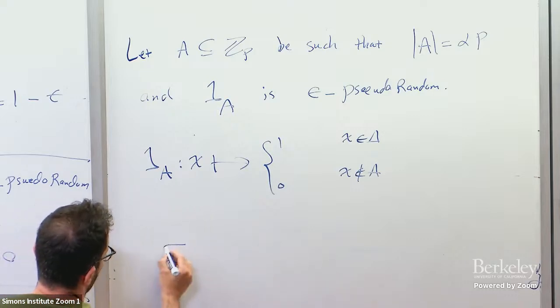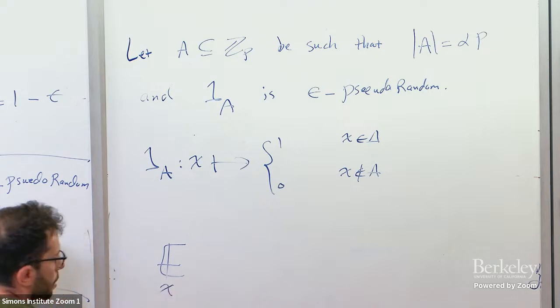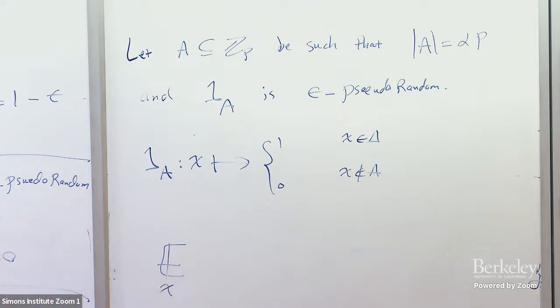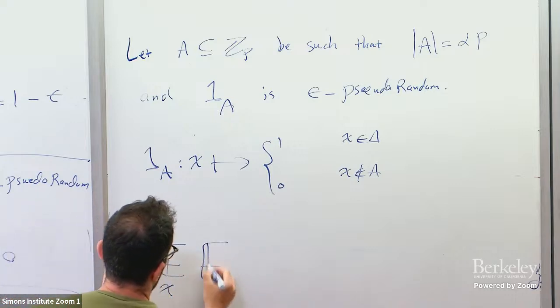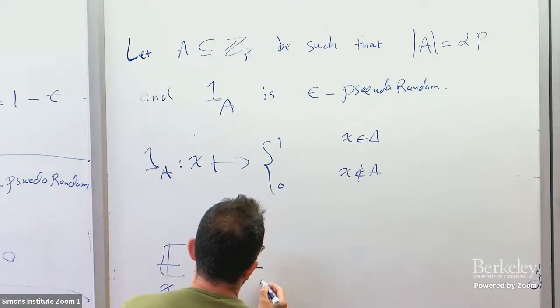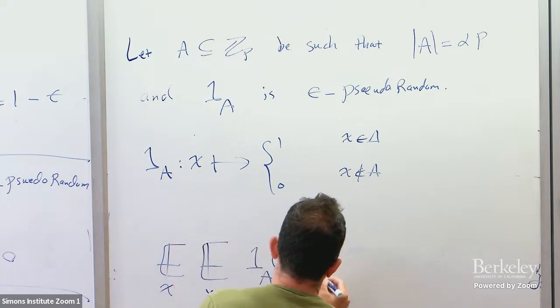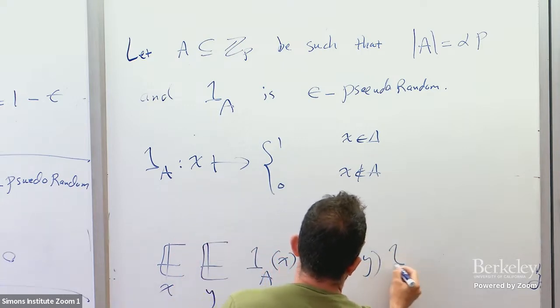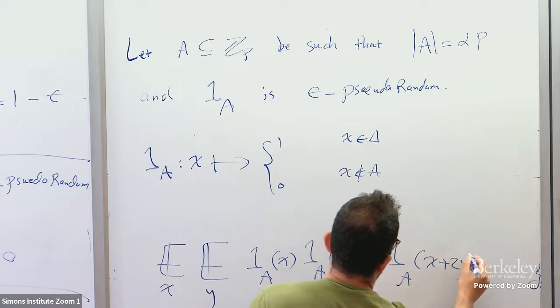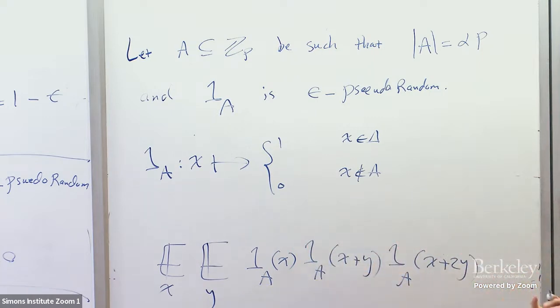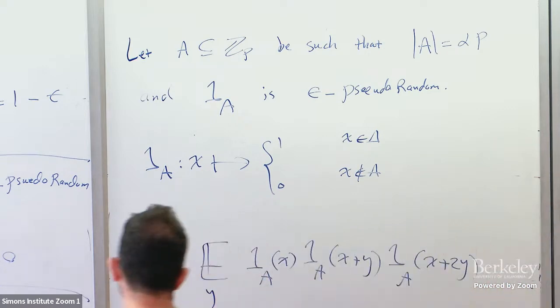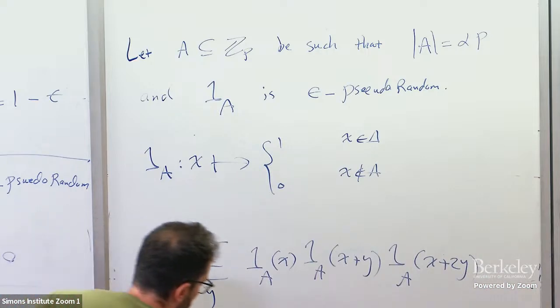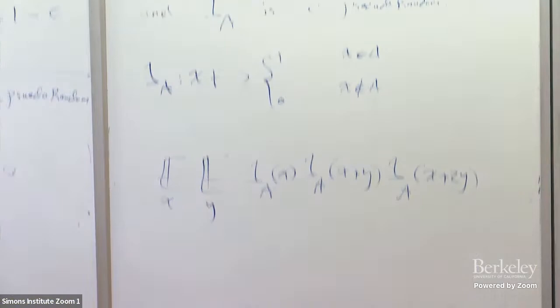I'll pick a random x for my starting point and a random y for the length of the step, and I'll look at the probability that x is in A, x plus y is in A, and x plus 2y is in A. So this is a three-term arithmetic progression that's fully in A. Its starting point is in A, its next point is in A, and its last point is in A. Let's write this and see what we can say about this using this Fourier expansion.